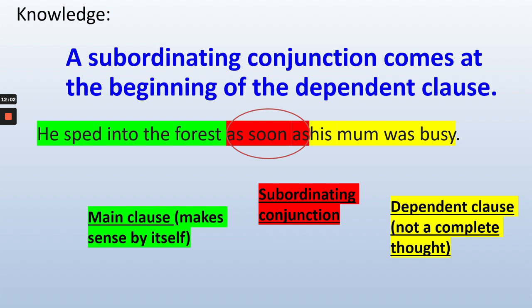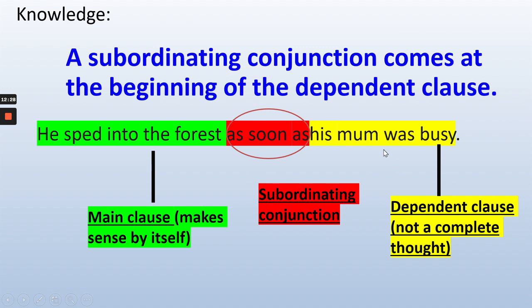The sentence is, he sped into the forest as soon as his mum was busy. So, we know that he sped into the forest. That's the main clause. That makes sense by itself. So, we can forget about that part to start off with. As soon as his mum was busy, all of that is the dependent clause because it doesn't make sense by itself, does it?